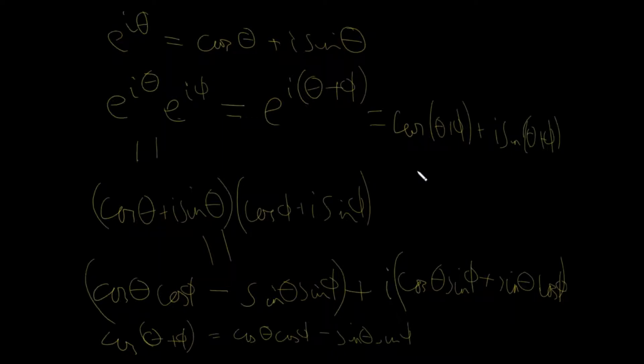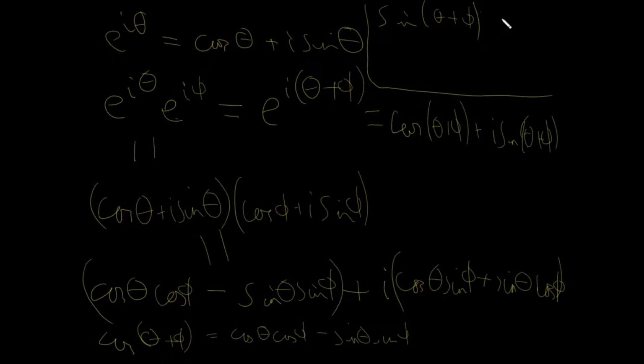And similarly, I'll just make some room up here. Now we're comparing the imaginary part. This must be equal to this. So sine theta plus phi will equal cosine theta sine phi plus sine theta cosine phi.